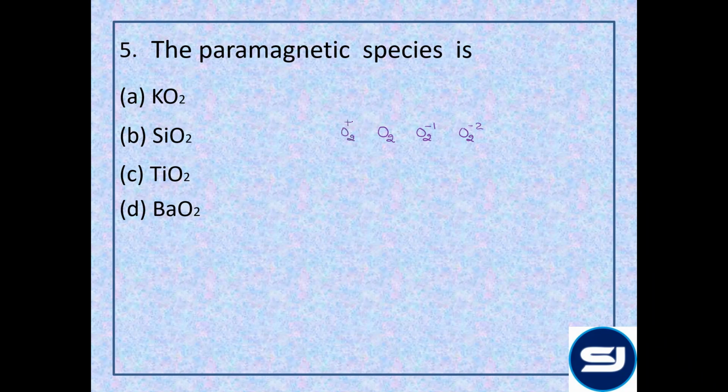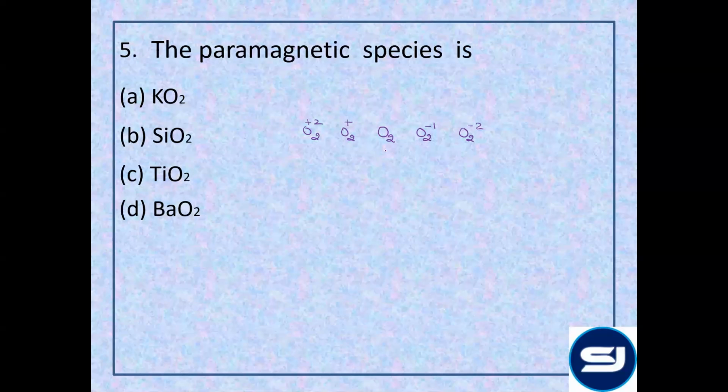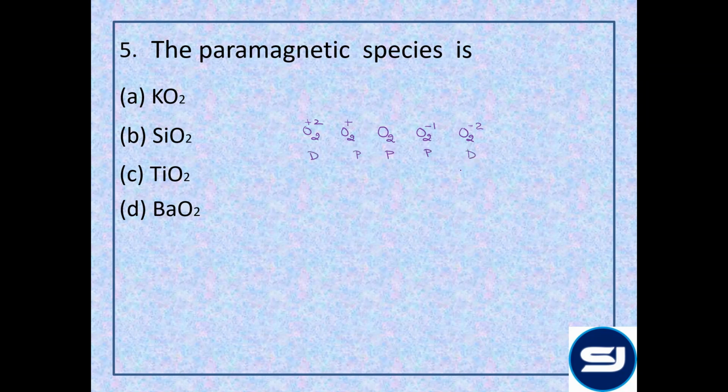Similarly, oxocations में O2 plus para होगा और O2 plus 2 dia होगा. So these three are paramagnetic and the extreme ones are diamagnetic. This is how you can understand. So the answer is KO2.